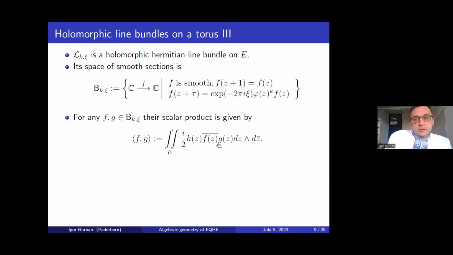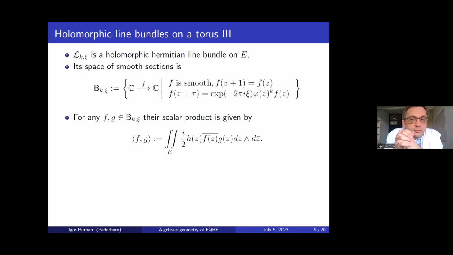We take a function assigning to z the scalar product of the values of these functions at z. So we get a function, and then we multiply it with the volume form on my torus and get a differential form, which can be integrated, giving a number.